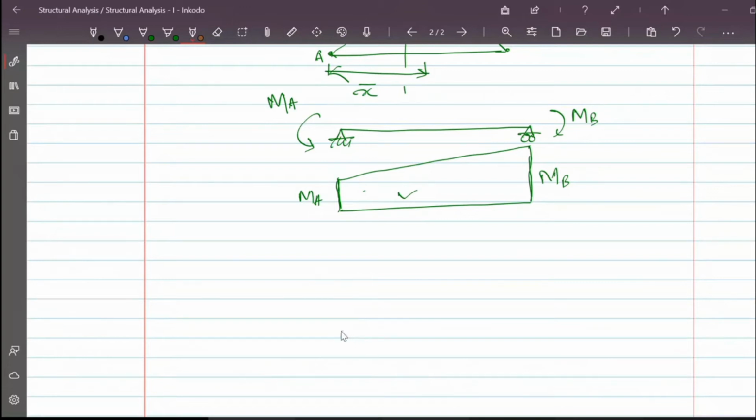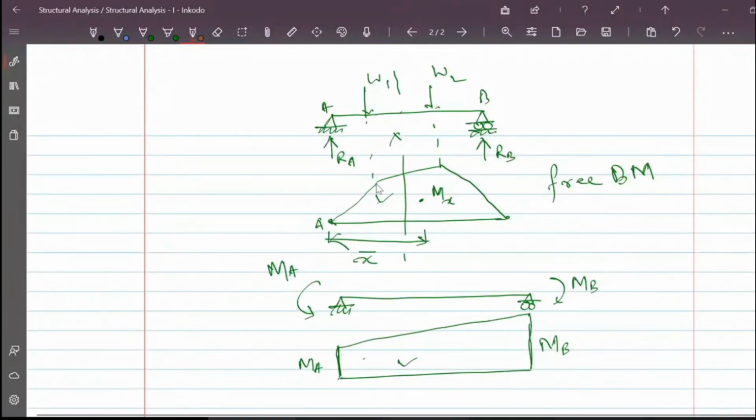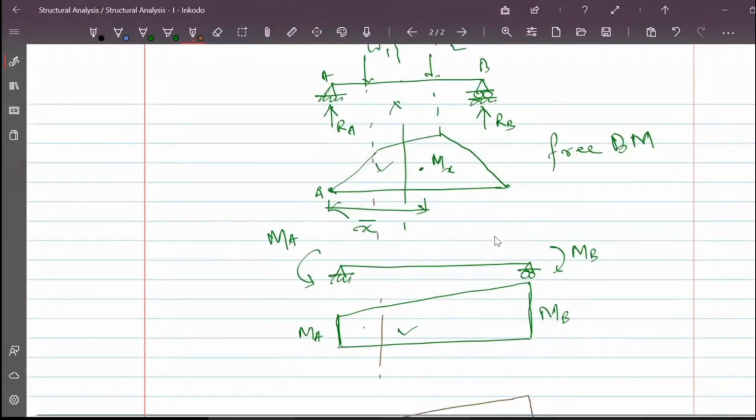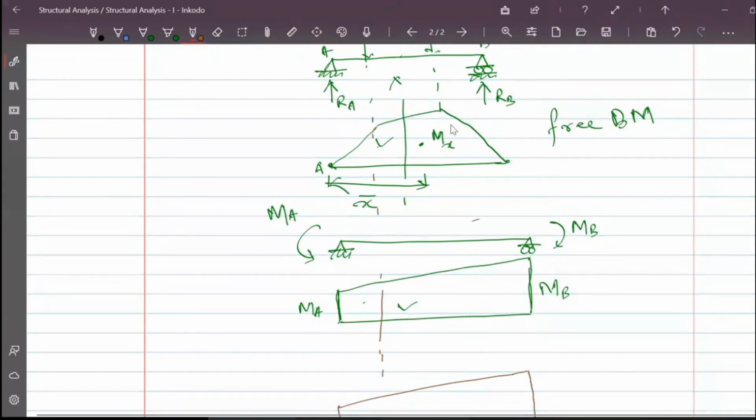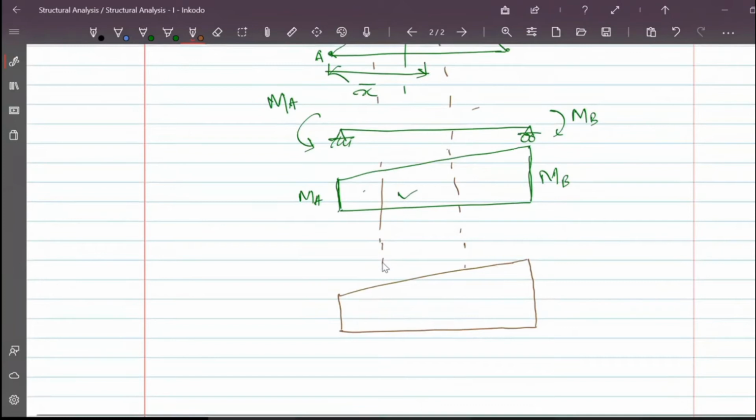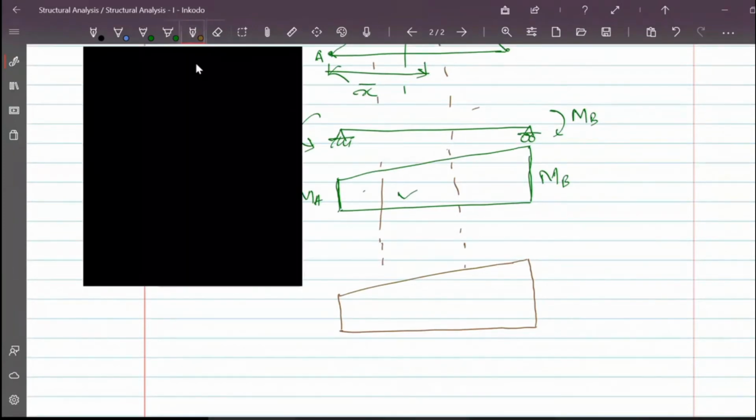This one is B. The first one, let us say I have drawn roughly, so this loading comes here, and we have another loading coming here.